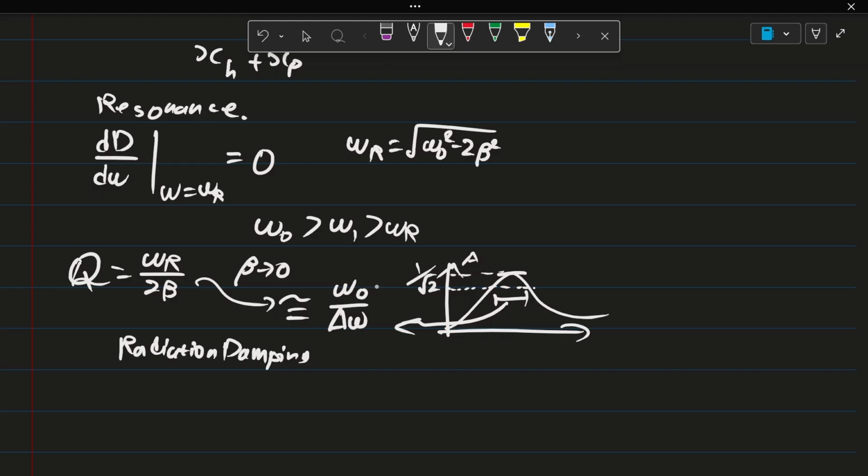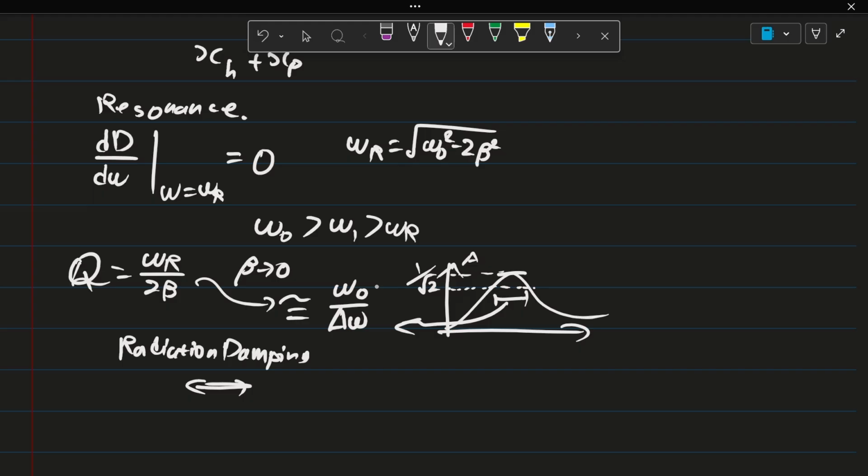What radiation damping means is that if you have a charged particle that is oscillating, it is going to lose its energy because of the classical electromagnetism idea of a changing electric field being generated.